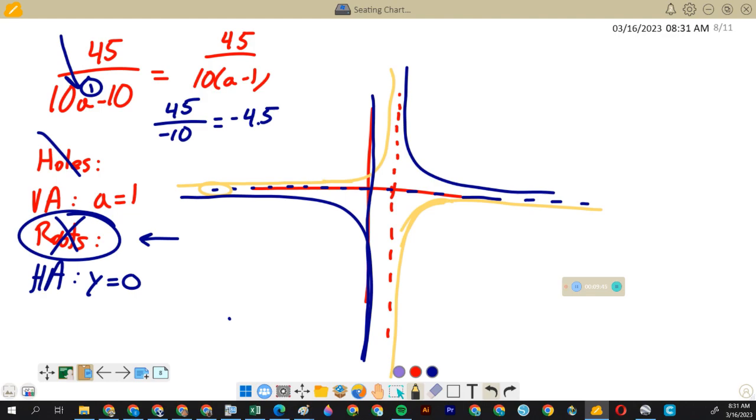So at 0, negative 4.5 is the number, so the graph is the blue one. So make sure you draw that.